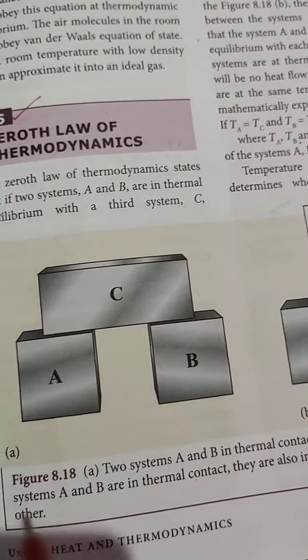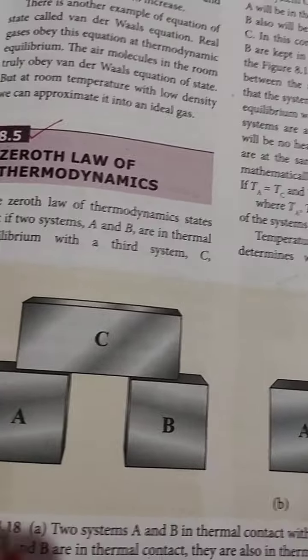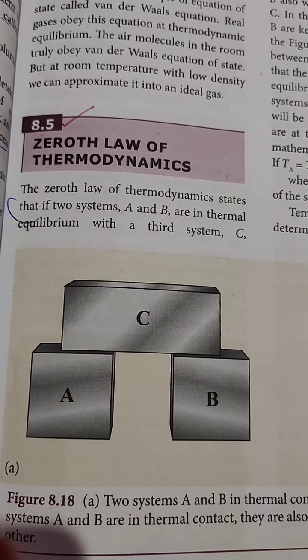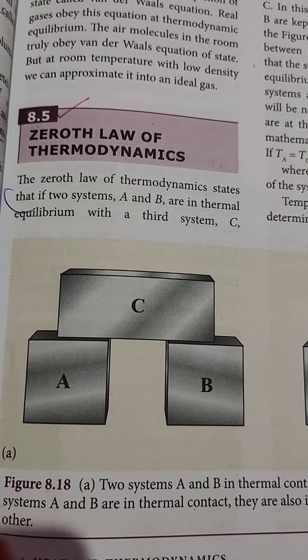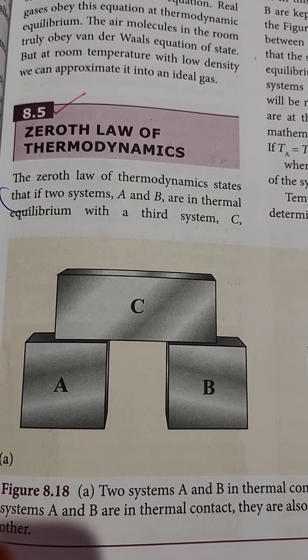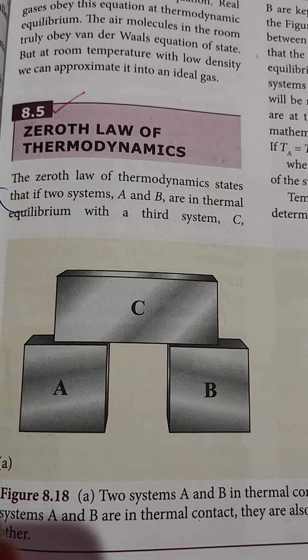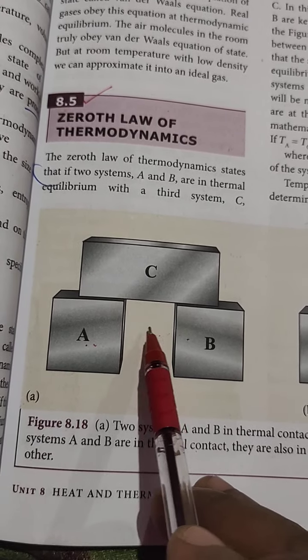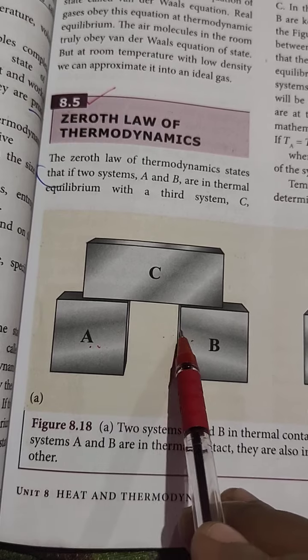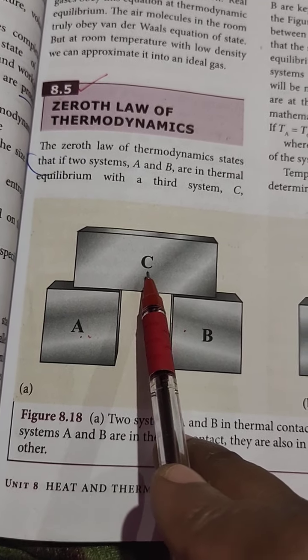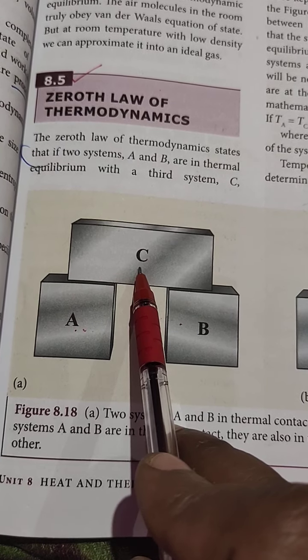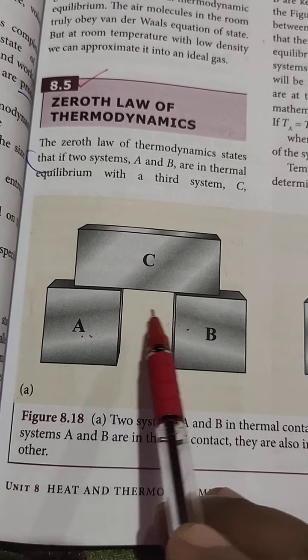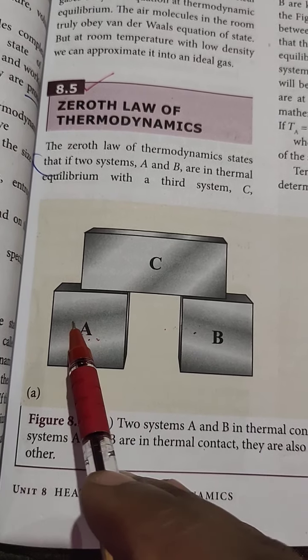First of all, we are going to see the topic of the zeroth law of thermodynamics. The zeroth law of thermodynamics states that if two systems, A and B, are two thermal systems in thermal equilibrium with a third system C, then A and B are in thermal equilibrium with each other.